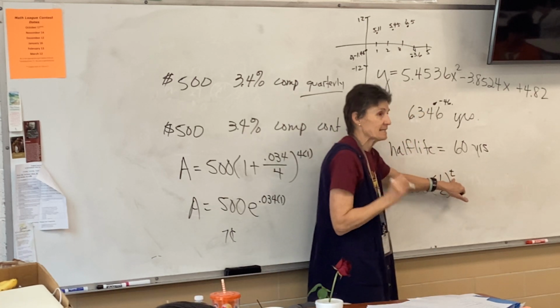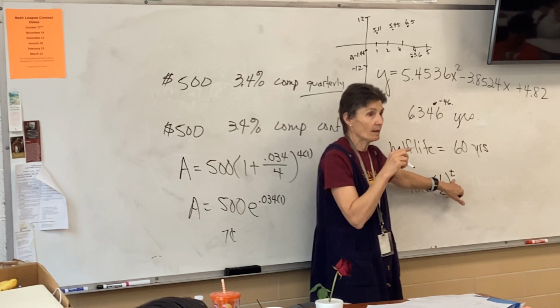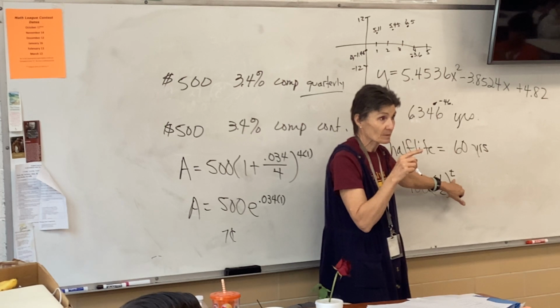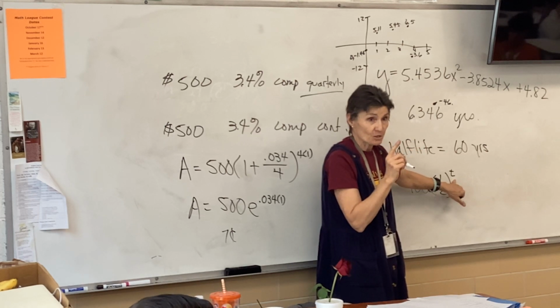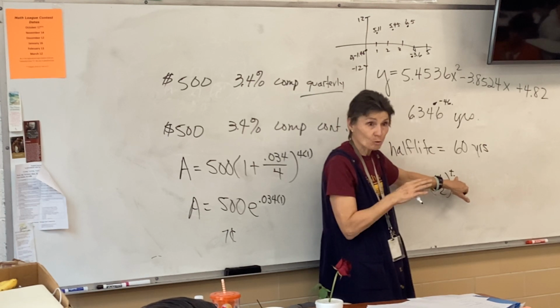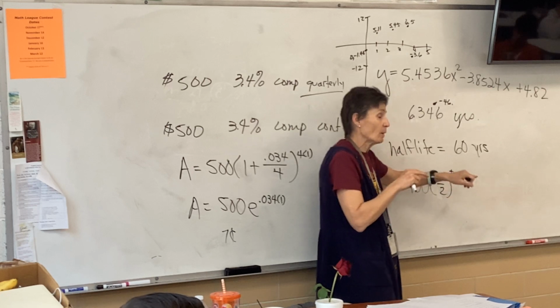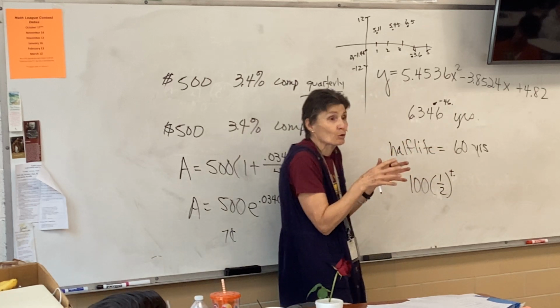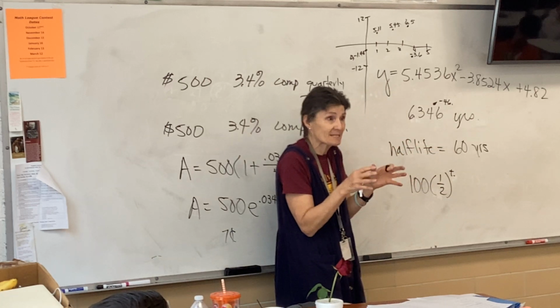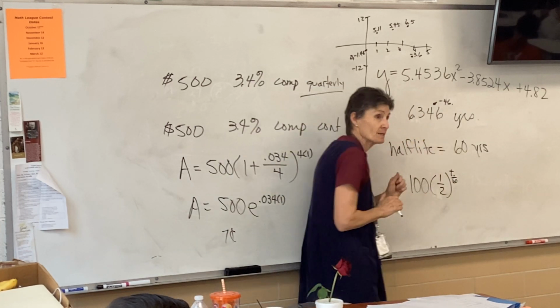But what did the T represent when we did that? The number of half-lives, right? So after 60 years, you put 1 in there. In 120 years, you put 2 in there because that's how it's halving. But then we wanted to know, okay, well, what is that on a per year basis? So then we would have to divide it by 60.